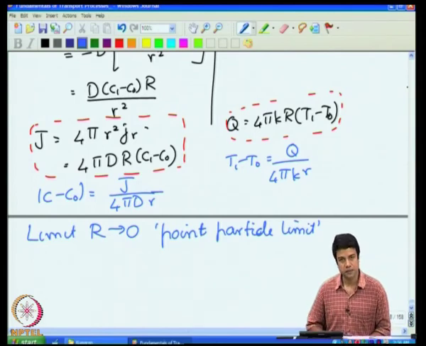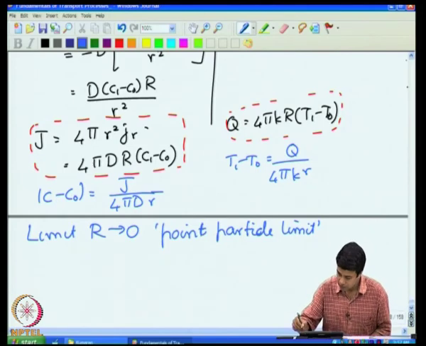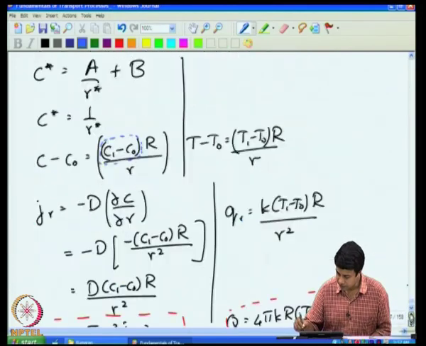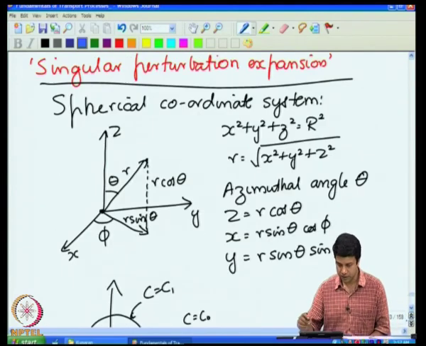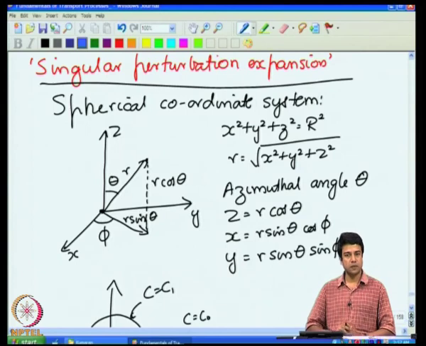As I said, this equation is the diffusion equation at steady state. Just to briefly recap, we started looking at a spherical coordinate system. I had defined the coordinates for you. The important thing is that in this coordinate system, the radial coordinate r is the distance from the origin of the coordinate system. So, this is useful for spherical surfaces, provided I place the origin at the center of the sphere.